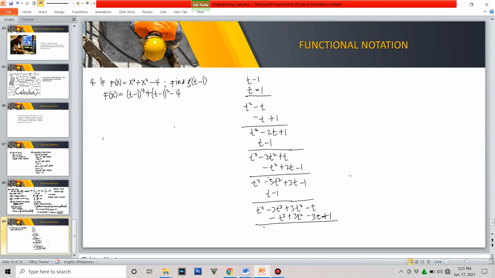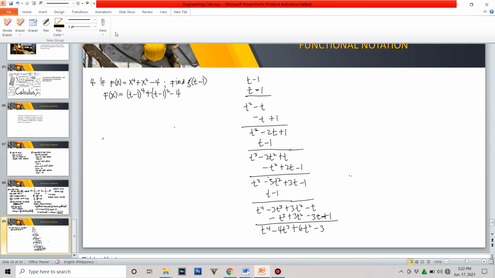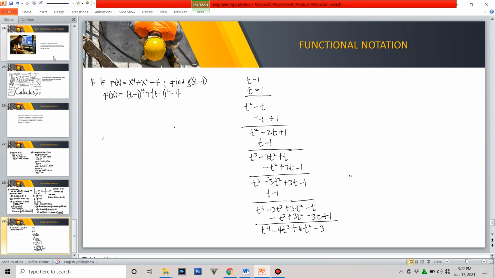Okay, so we have t raised to 4 that combines, becomes negative 4t cubed, that also combines to 6t squared, and that will combine as well. We have, 4t dapat. For t plus 1.